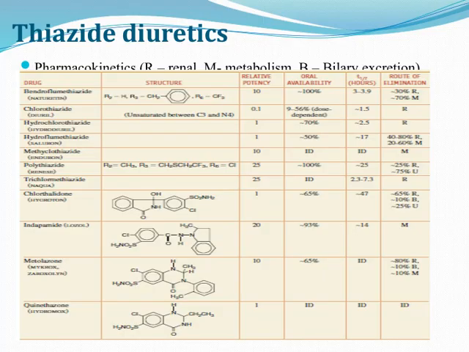Now, let's take a closer look at thiazide diuretics and their pharmacokinetics. When we talk about pharmacokinetics, we're referring to how the drug is absorbed, distributed, metabolized, and finally eliminated from the body. For thiazides, the key points to remember are their routes of excretion. They are primarily eliminated through the kidneys, which is denoted as R for renal. Additionally, some metabolism occurs. Although it's minimal for most thiazides, it's still a factor to consider.